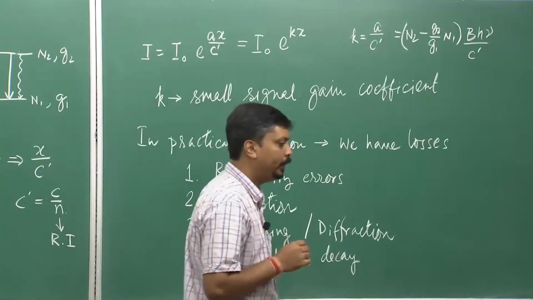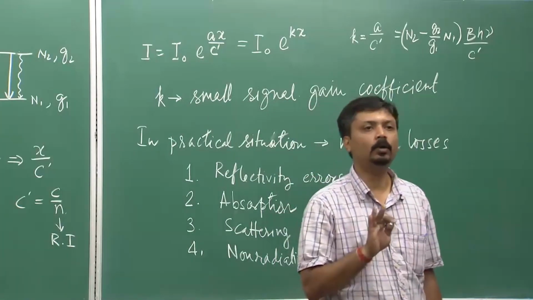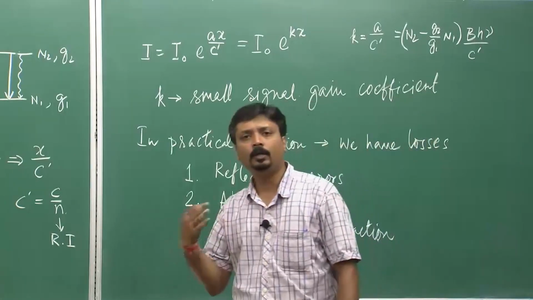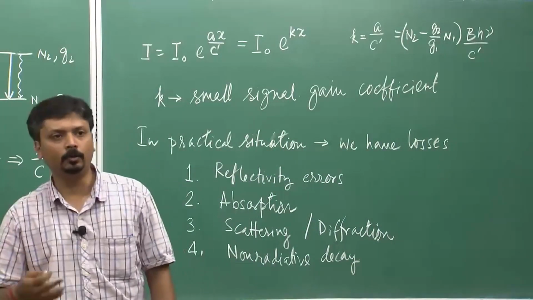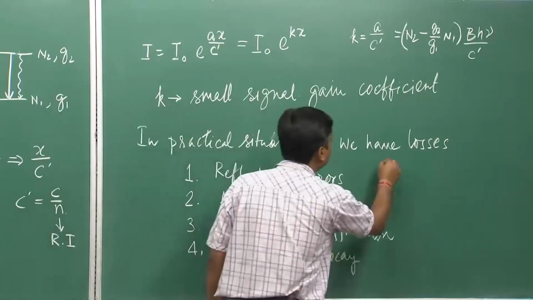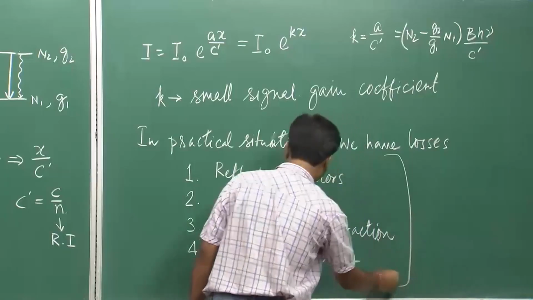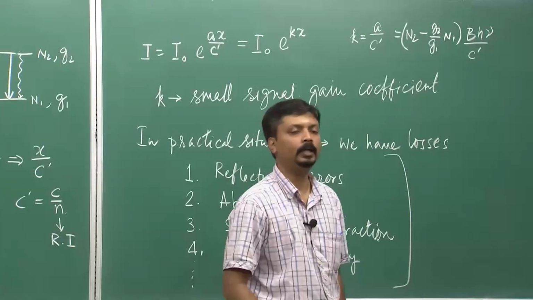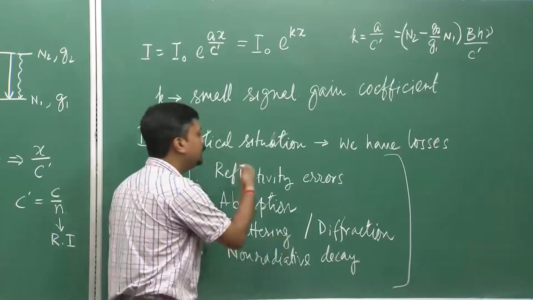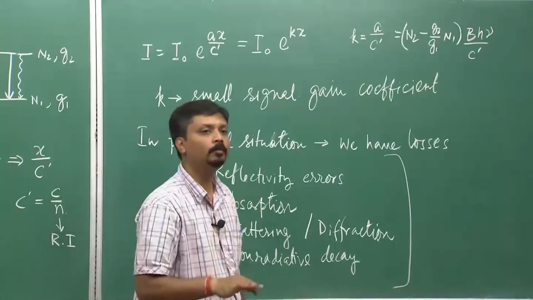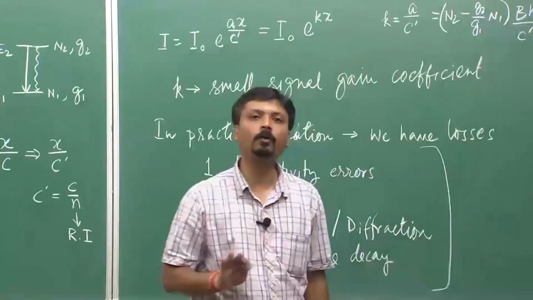So, we need to take care of these losses, then only we can get a sufficient amount of laser output. There are a few more losses that we can take into account. If we consider a particular type of cavity, we can figure out what the different types of losses are and what the total amount of losses is.